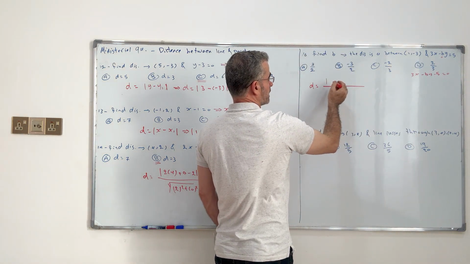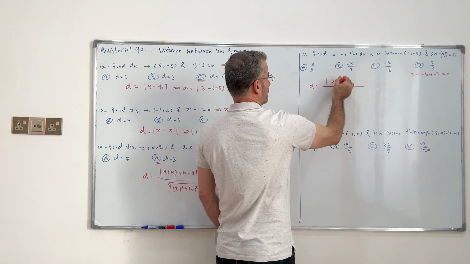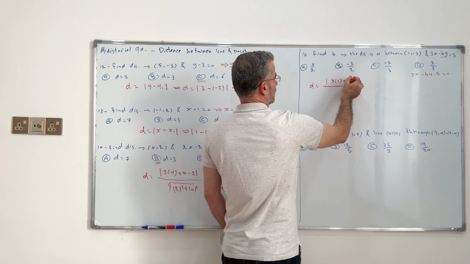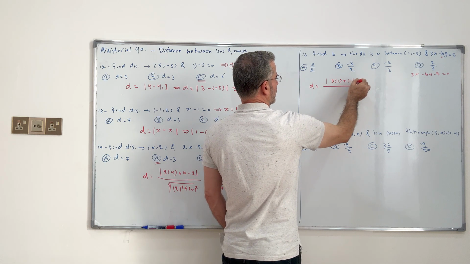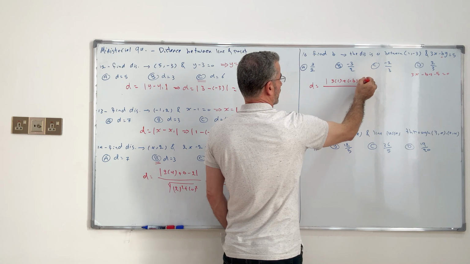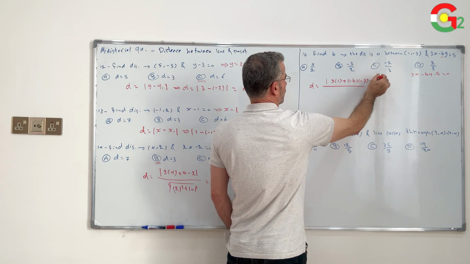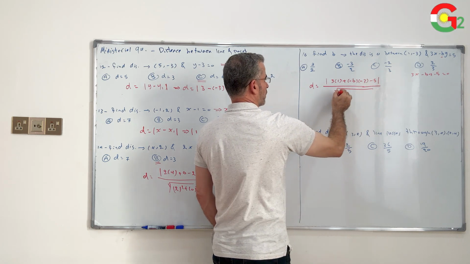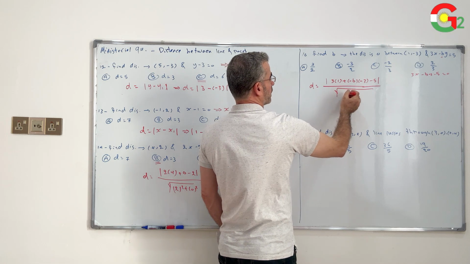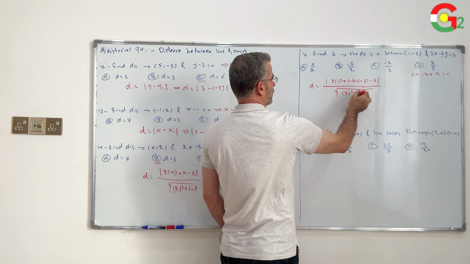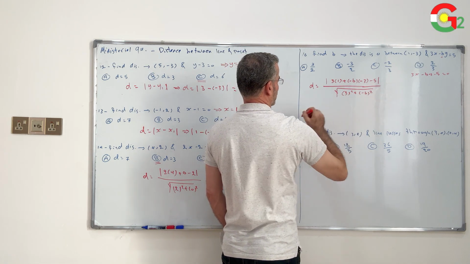Then the distance is the absolute value of 3 times 1 plus b times negative 3 plus c, over the square root of 3 squared plus negative b squared.